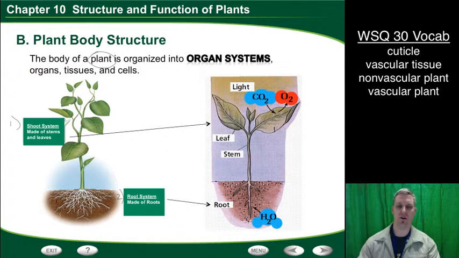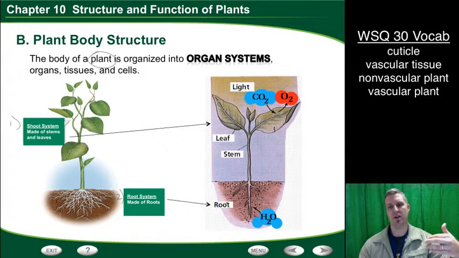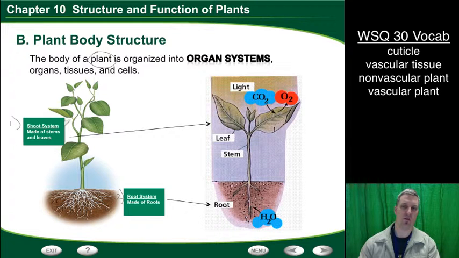The second system is the root system, made of the roots. The roots' job is to take in water and nutrients that are in the soil. As the leaves bring in carbon dioxide, expel oxygen, and get sunlight, the roots bring in the water and the other minerals and nutrients the plant needs. So that's the organ system level.